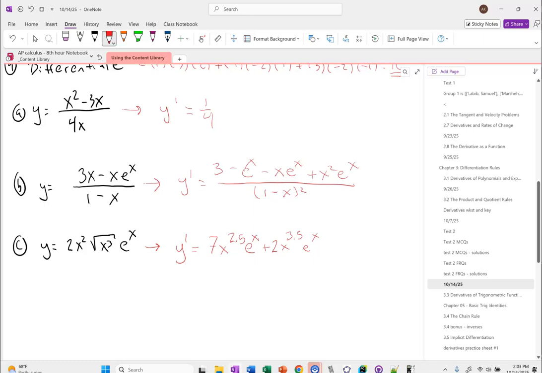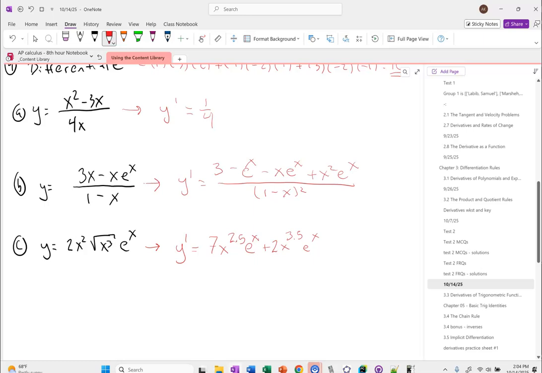Just like C, once you've gotten comfortable with things, C is one you could conceivably do in your head, because it doesn't have to be a triple or a double product rule. It can be a single, right? It can just be 2x to the 3/5 times e to the x. And that maybe is a product rule you could do in your head, since the derivative of e to the x is just e to the x.